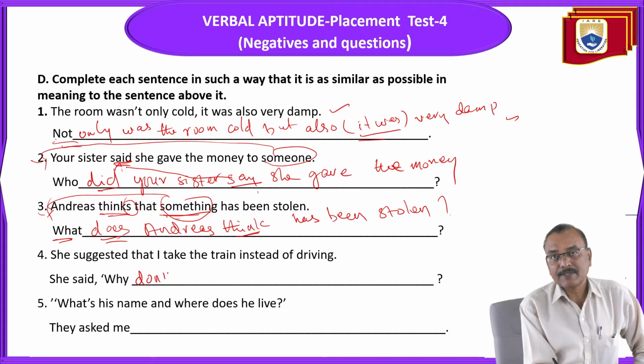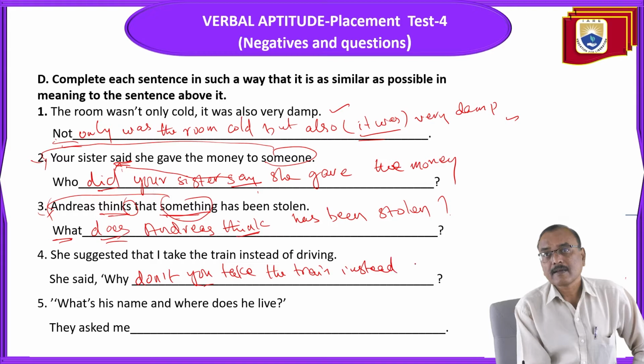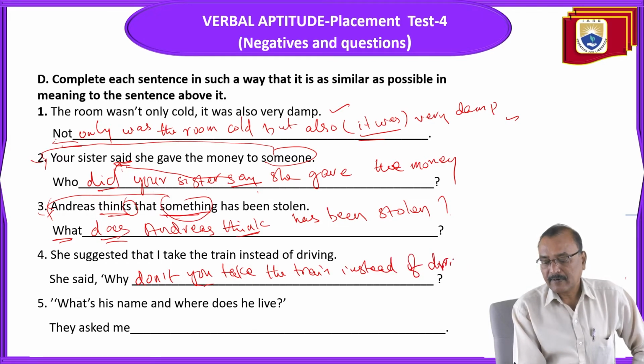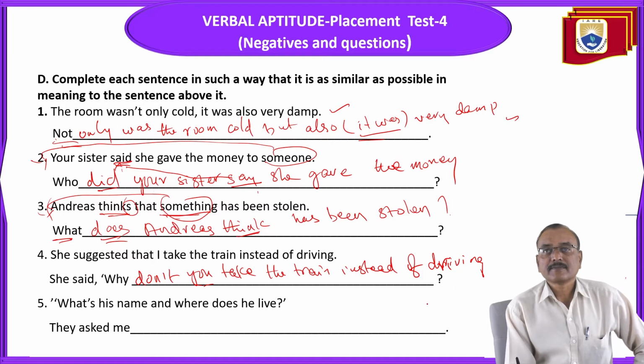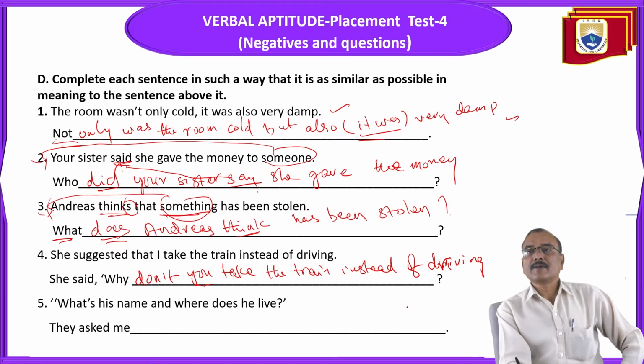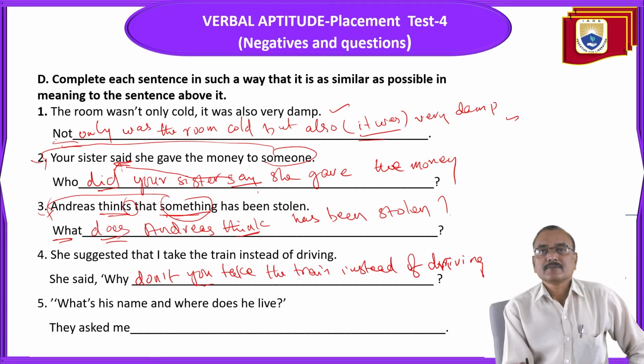I becomes you. Why don't you take the train instead of driving? Is it clear? So question mark. This is also a suggestion. Why don't you take? Is it clear?